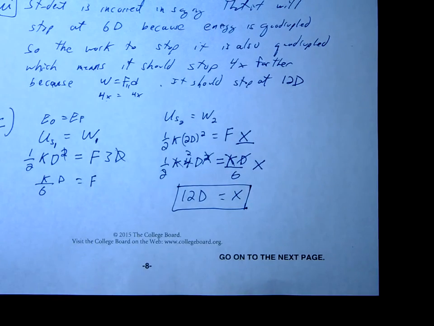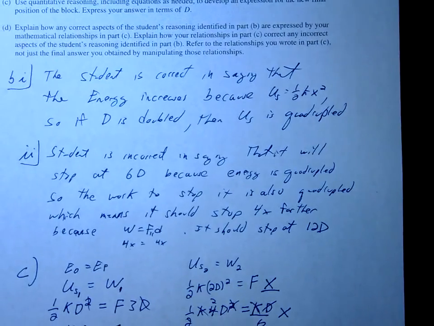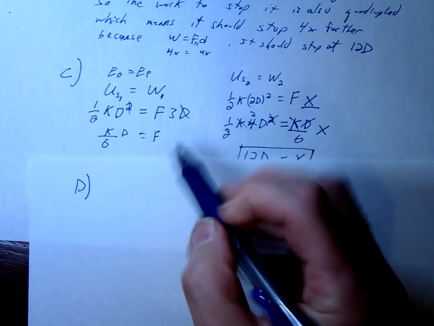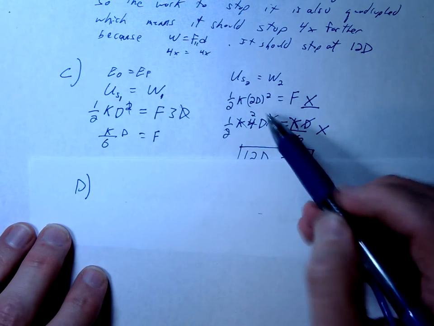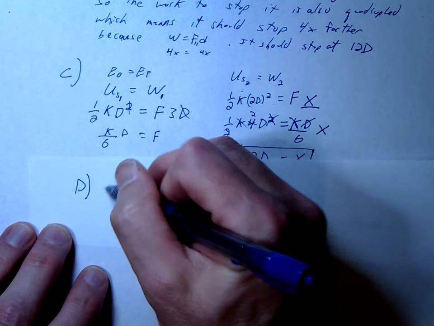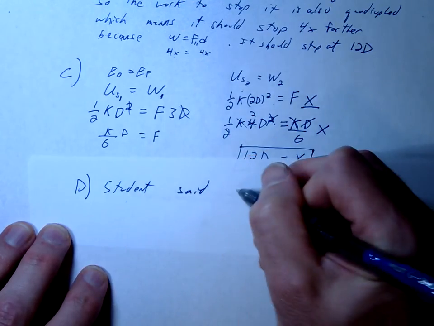All right, the last question says explain how they're expressed. So the reasoning in B, how it's expressed basically in our mathematical equation. All right, so I guess how would we write this? So we did that right here, right? That's how we expressed it. So the student said energy doubles.